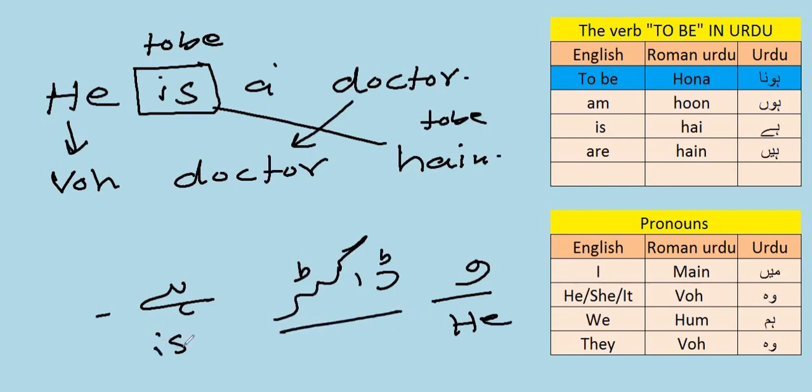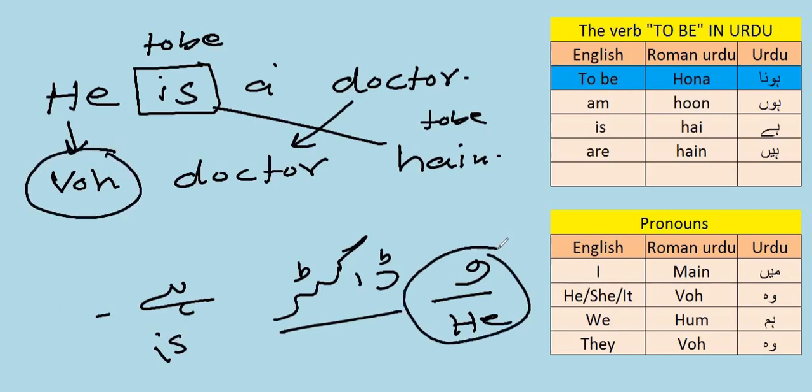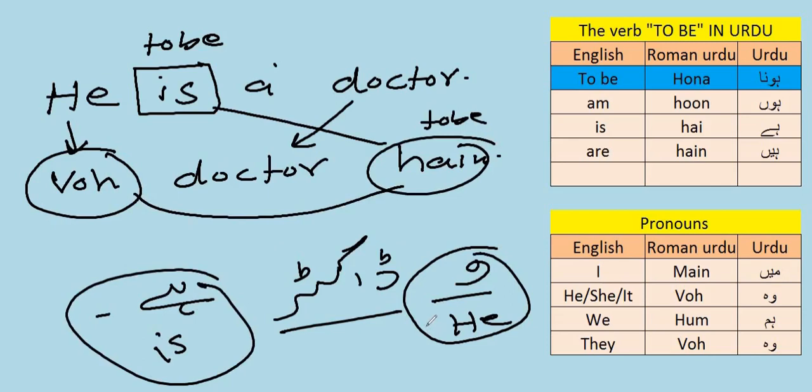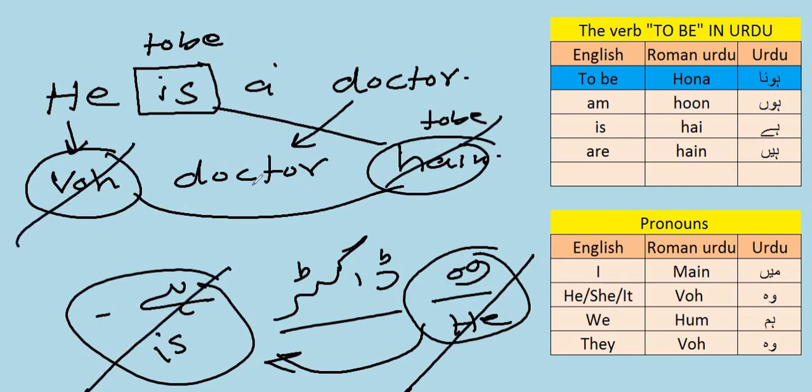So whenever we start our sentence from वो, then we will end our sentence with है. वो has agreement with है, with the pronoun वो. So he is, वो है. He is a doctor, वो doctor है. He is a driver, वो driver है, etc.